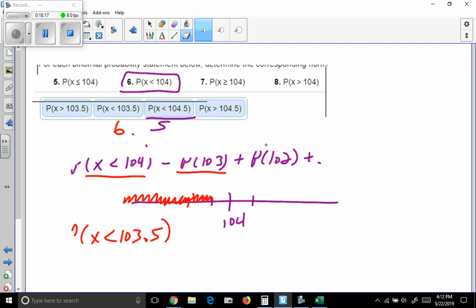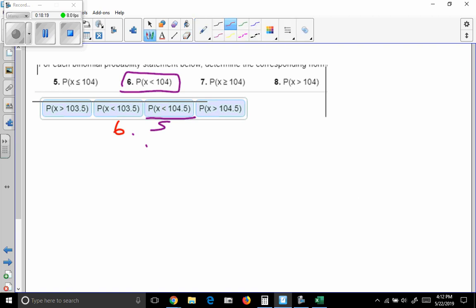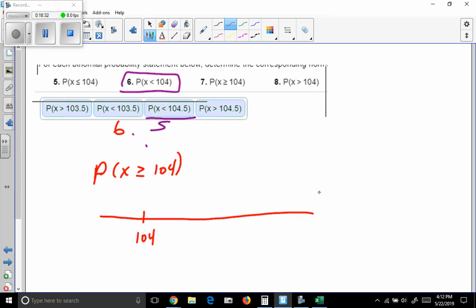For number 7, probability that x is greater than or equal to 104. So that includes 104. So that's 104 and to the right of 104. So do we use a continuity correction this side or that side? If we're going to the right of 104, we're doing all of these.